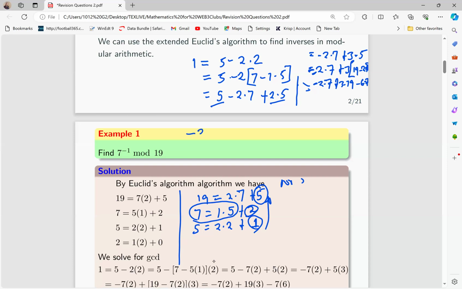What I've written there is negative 2.7, 3 times 19, 6 times 7. I'm using those dots to mean times. So this gives us 3 times 19, negative 8 times 7.